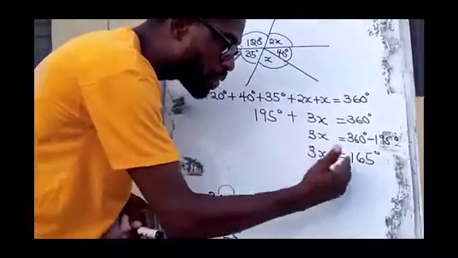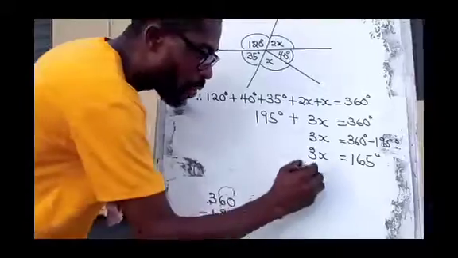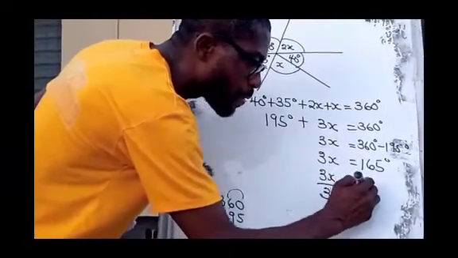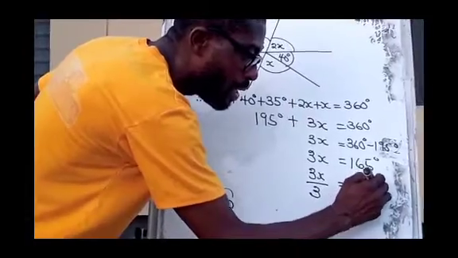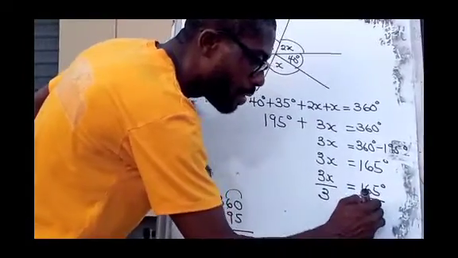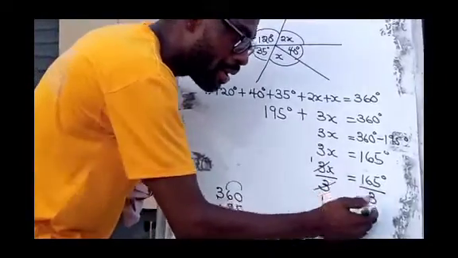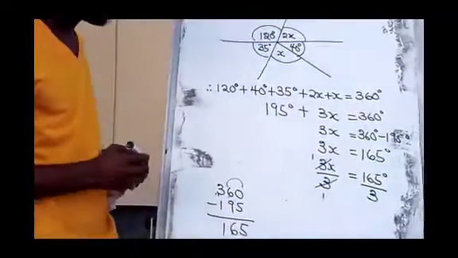So we divide both sides by the coefficient. We have 3x out of 3 equals 165 degrees out of 3. 3 will go through itself, 1, then 3 into 165.